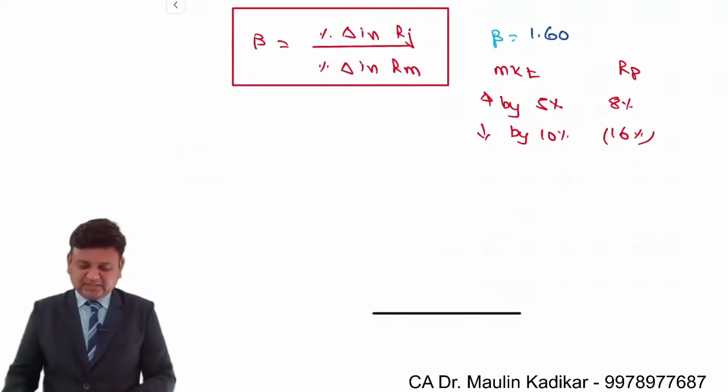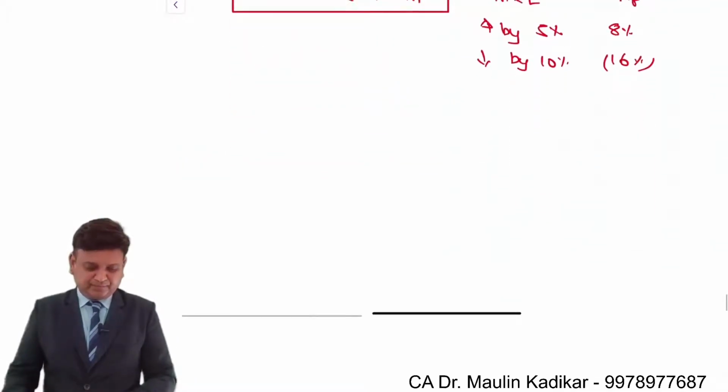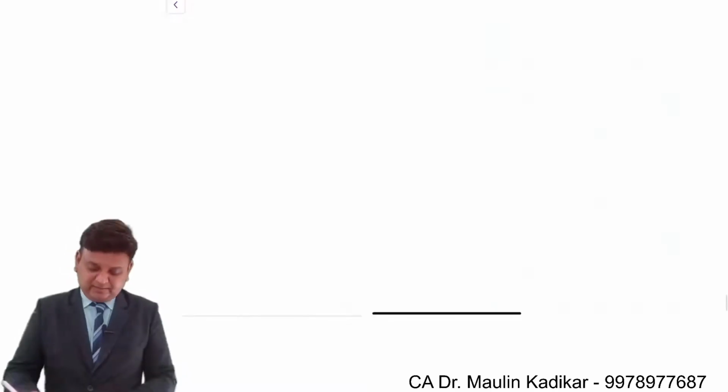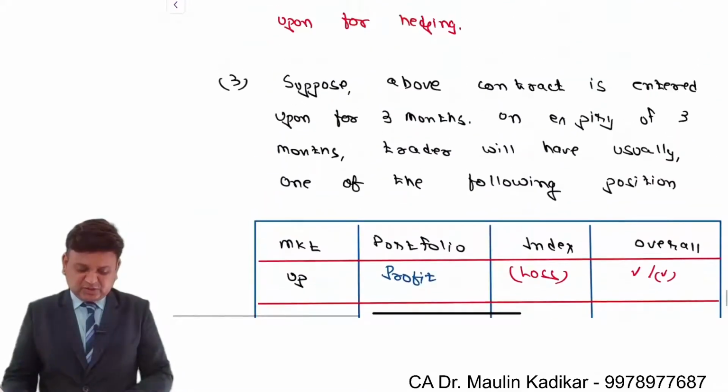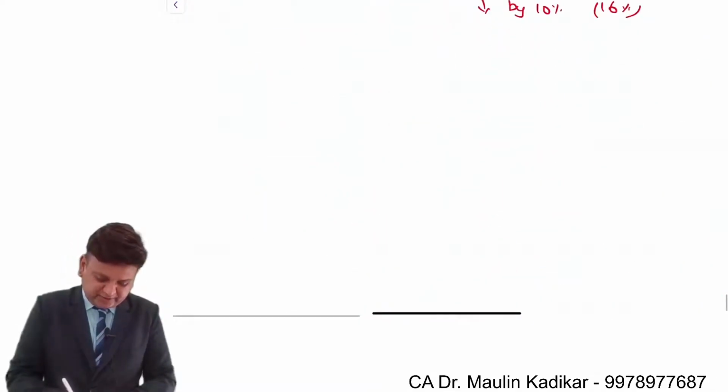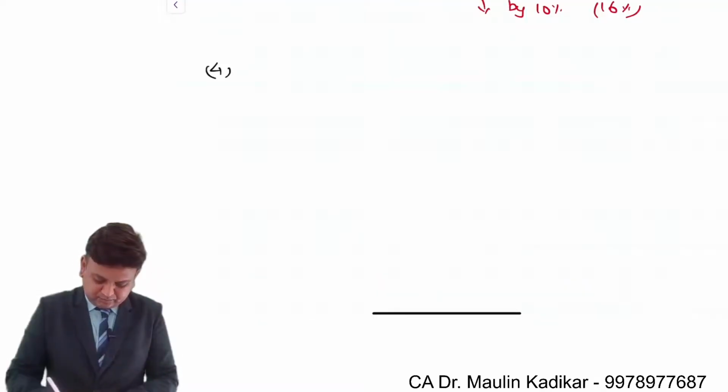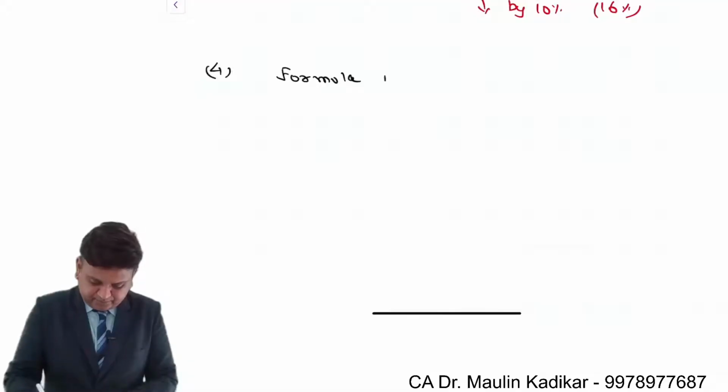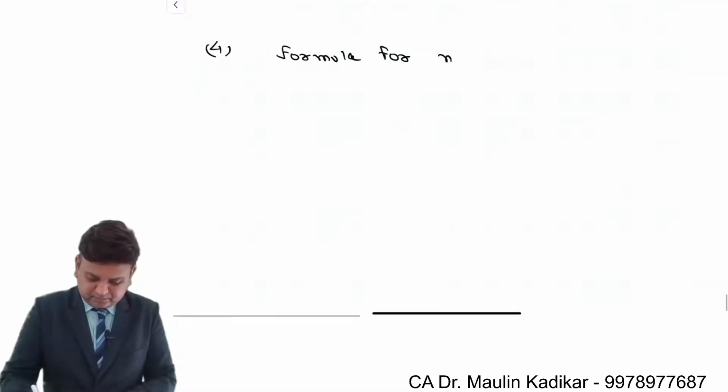So friends, let us continue with the discussion that we had. In that, now a new heading, in the note that we have written, the fourth one, write down the formula for the number of contracts to be sold.